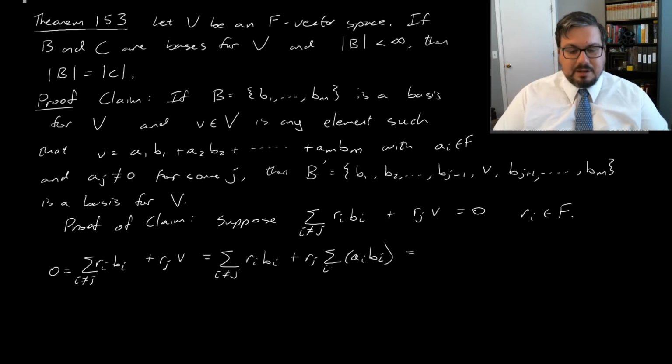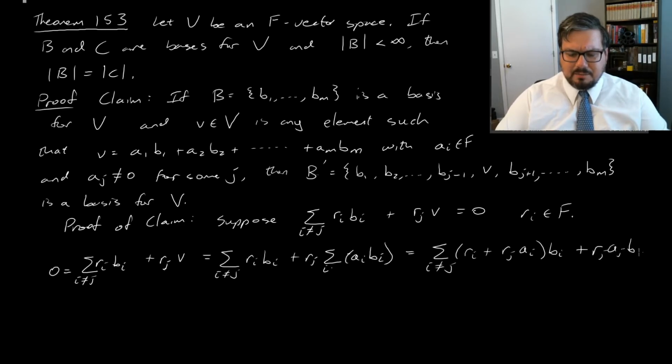And now if we rearrange it, this sum is over all i's, this sum is over the i's which aren't j's. So for any i that's not j, we're going to have an Ri times Bi over here, and then over here we're going to have an Rj times Ai. So we get Ri plus Rj times Ai times Bi. And then the one thing that we have left is the term over here with i being equal to j, so we get Rj Aj Bj.